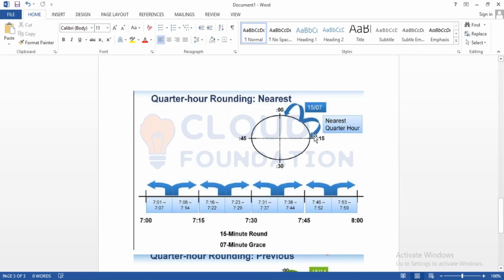For example, if an employee punches at 7 or 7:15 or 7:30 or 7:45 or 8, it's going to remain the same. There's no change in it. Like next. But if an employee punches between 7:1 and 7:7, the punch is going to round back to 7. So now you tell me what will happen if an employee punches between 7:8 to 7:14.